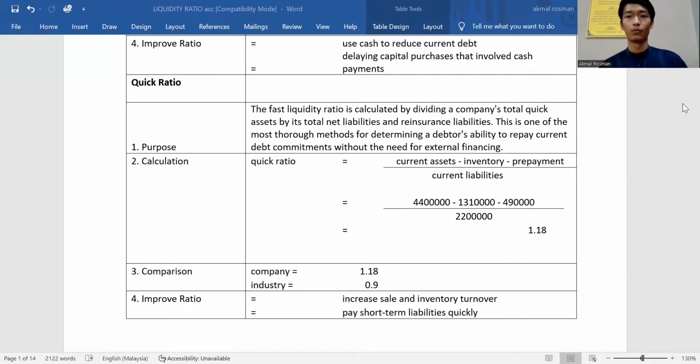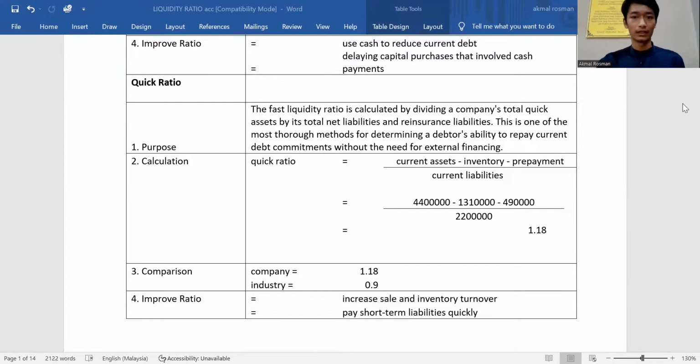Then minus 1,310,000. And then minus 490,000. And then divide by their current liabilities amounted to 2,200,000. And then we got the value of 1.18.